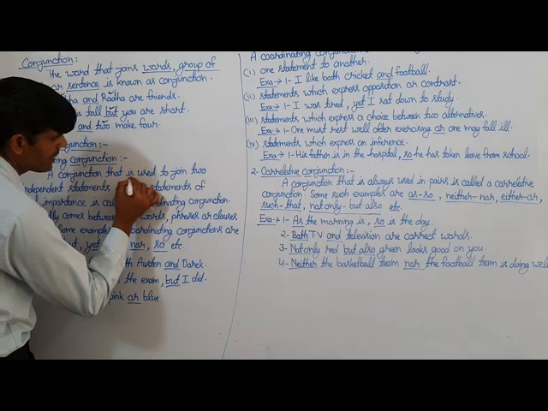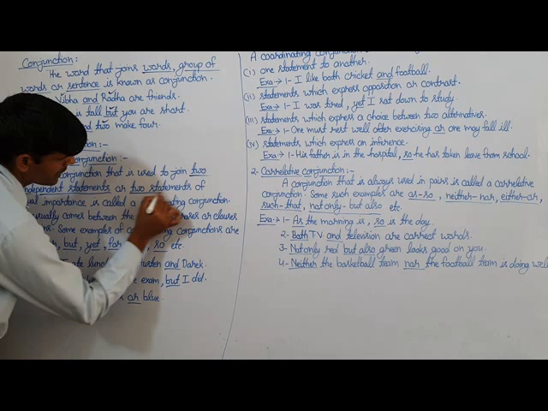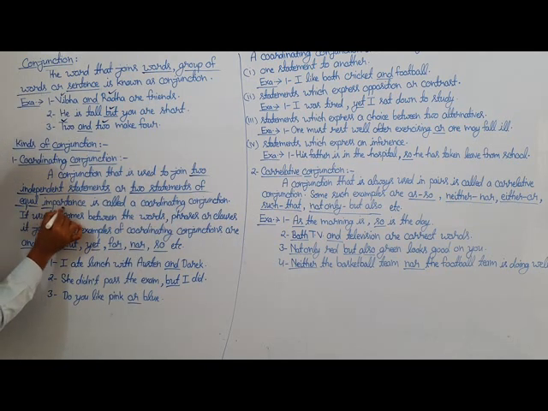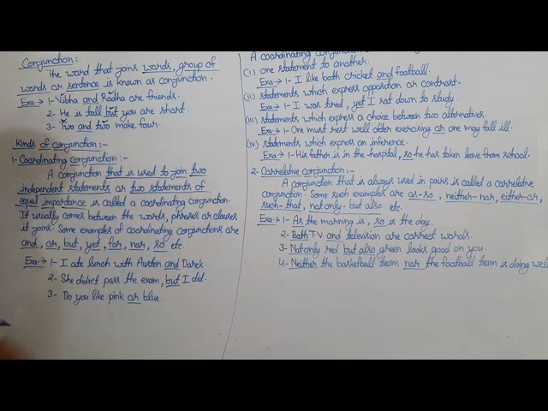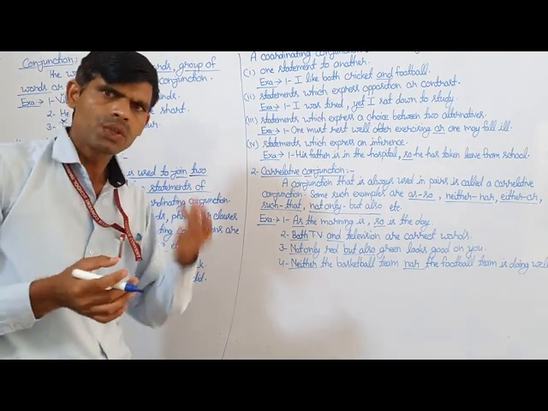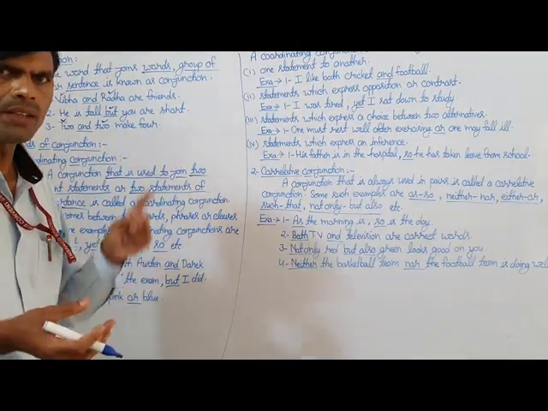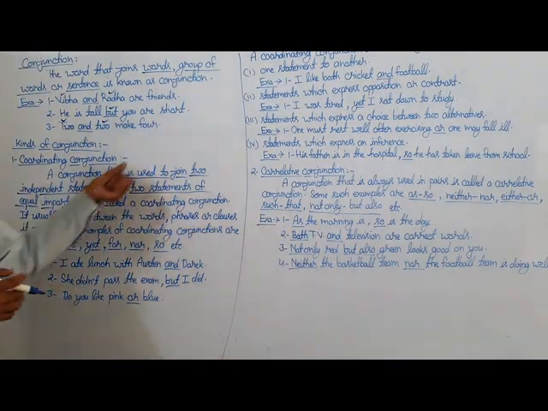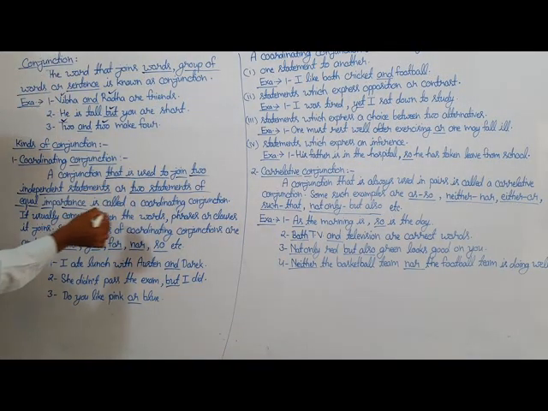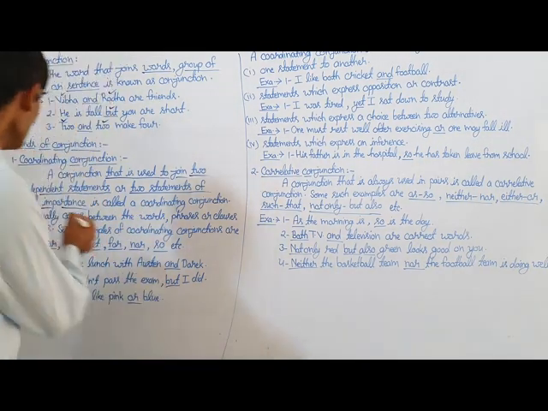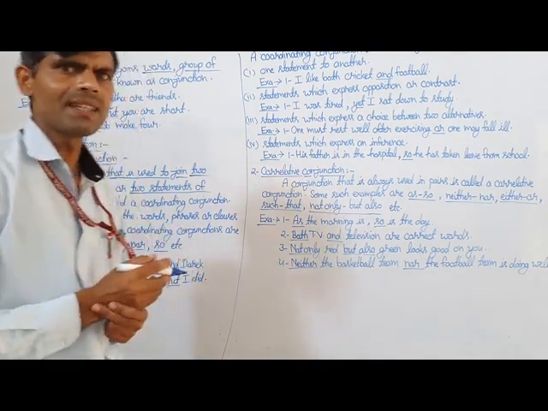A conjunction that is used to join two independent statements or two statements of equal importance is called coordinating conjunction. It usually comes between the words, phrases or the sentences it joins.